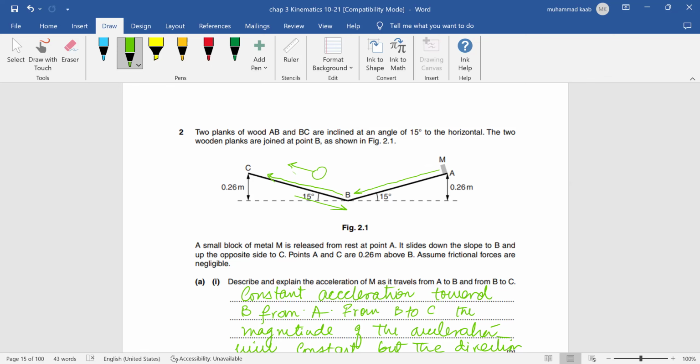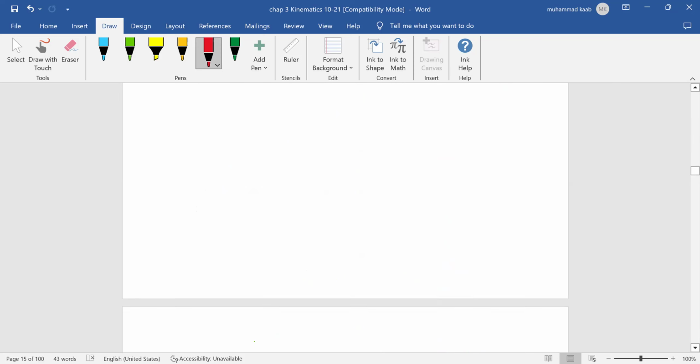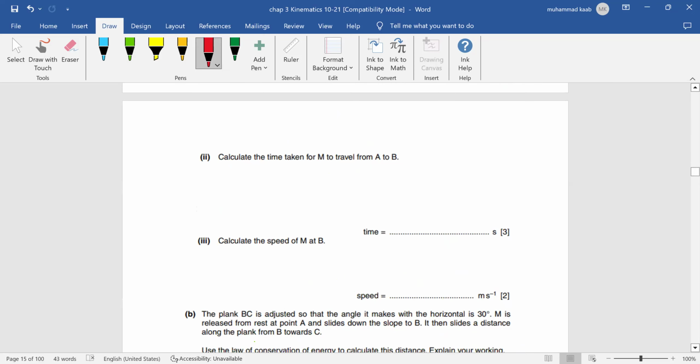So if the velocity decreases, then what will be the direction of acceleration in the portion of B to C? So negative. Very good. Because it is decelerating, right? Clear? Yes. Okay, perfect. Okay, move on to this part.